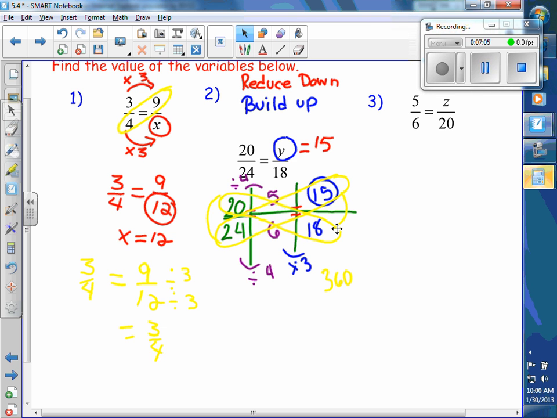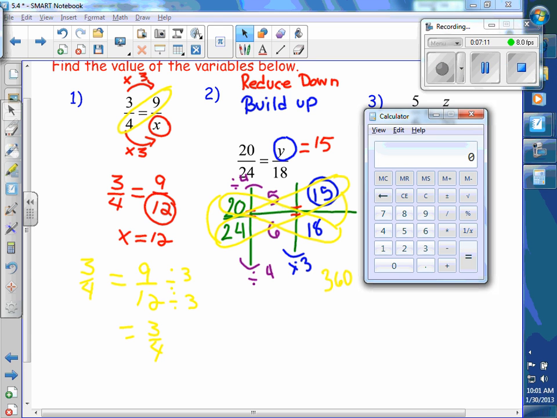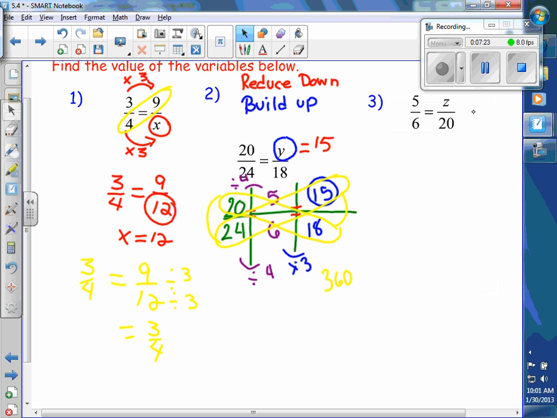That's a good check. Well, it's actually a good method to use, but you can't rely on just shortcuts in math. You won't get good at math if all you know how to do is shortcuts, because they don't teach you to problem solve. They help you along the way.